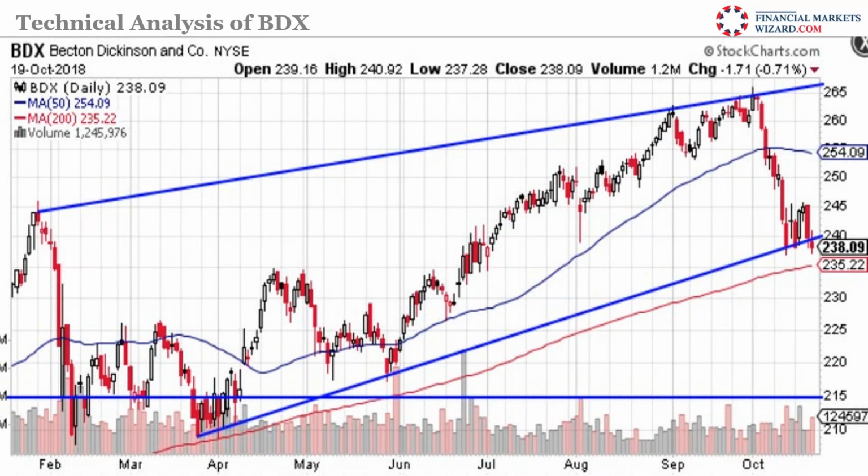Now BDX, again this one. It broke this upward trending support line, and the 200-day moving average is just around the corner, 3 points away. So it may stop here. A lot of stocks have already collapsed, but it doesn't mean the stock will not go down.